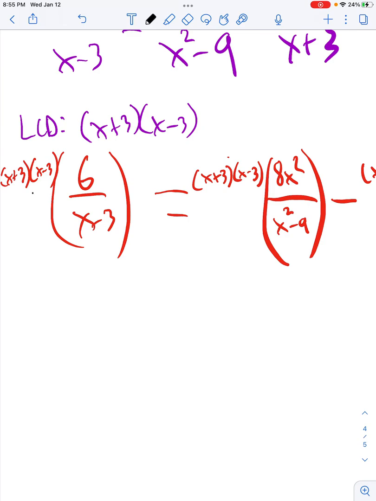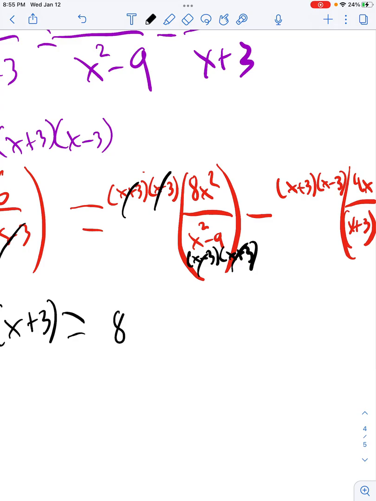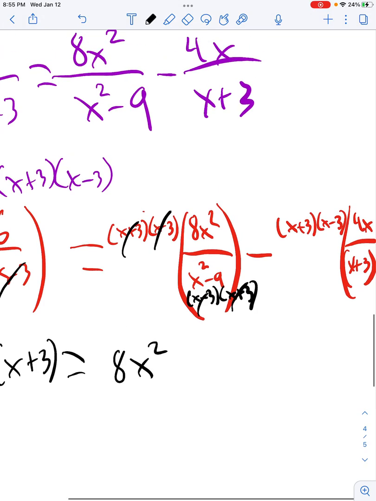Now let's look to see if we can simplify anything. So on the left side, I see I have x minus 3 and x minus 3, which means I'm just left with this. The bottom, x squared minus 9, that can be rewritten as x minus 3, x plus 3. So I can actually cancel out both of those.